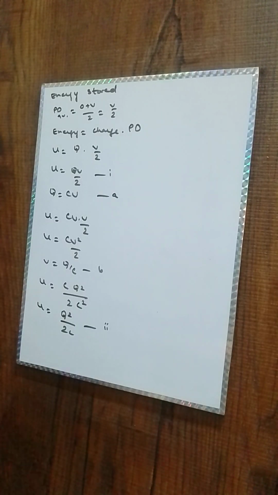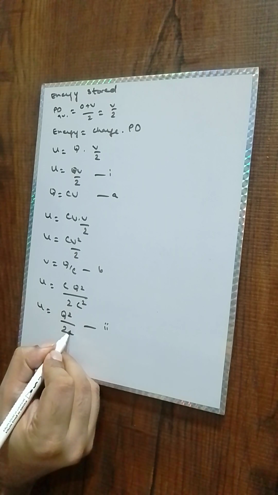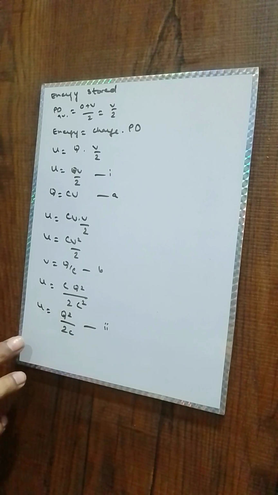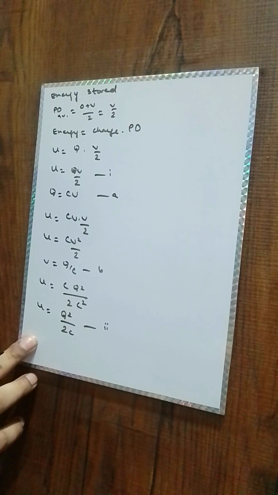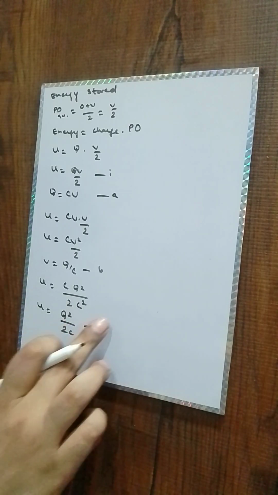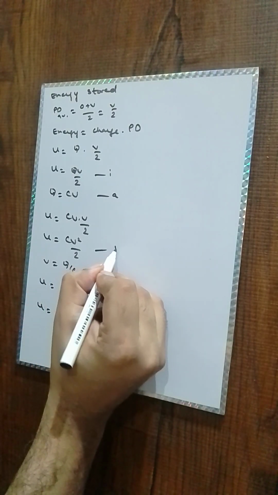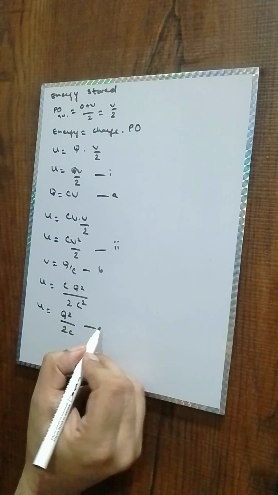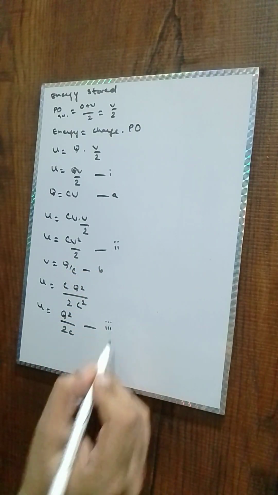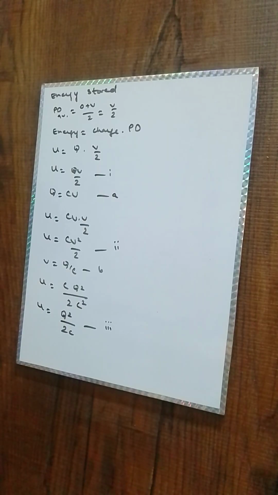Square of charge by 2 times the capacitance is equal to the energy stored in a capacitor. Either this or this, but I will prefer this one because of its practicality, but everything depends on what situation we are faced with.